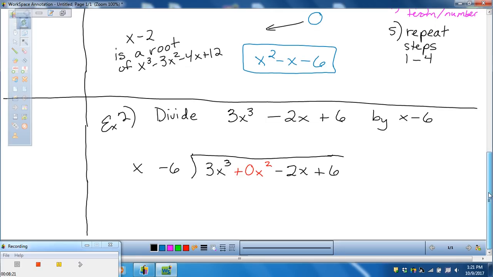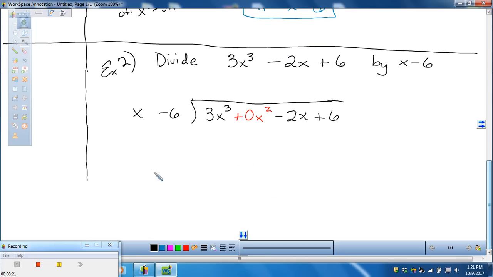Okay, so now we're going to repeat the same steps that we did before. Step number 1, what do I need to multiply by? I need to get 3x cubed. I have x that I'm multiplying by, so we multiply by a 3 and an x squared so that I get 3x cubed.